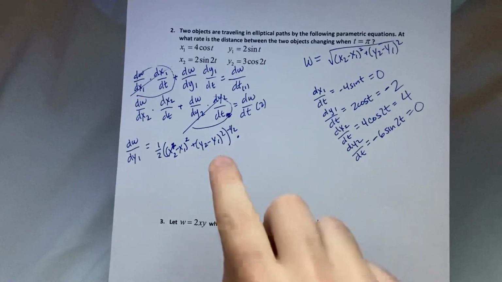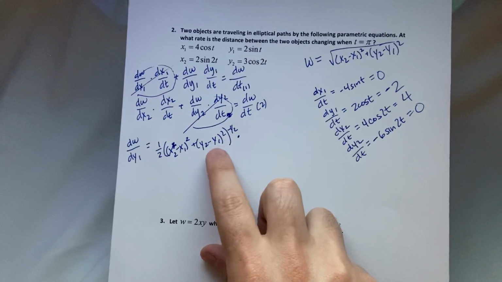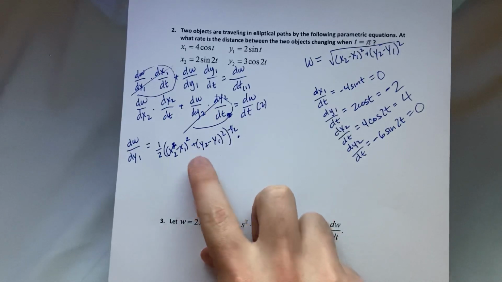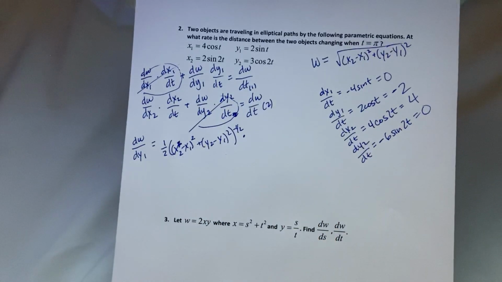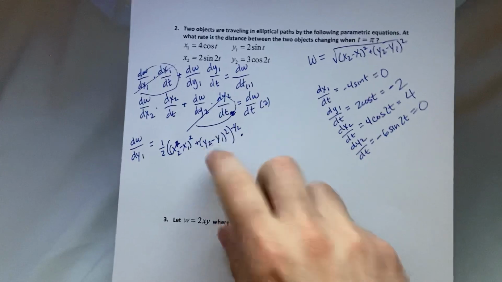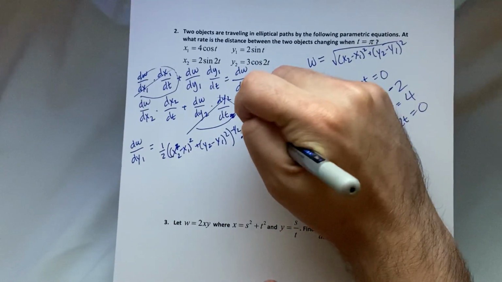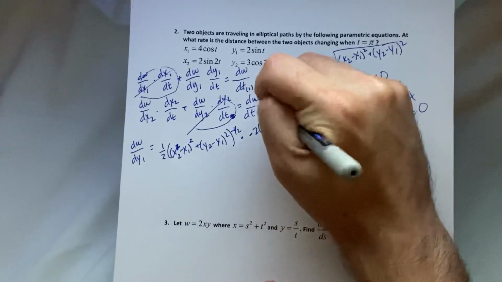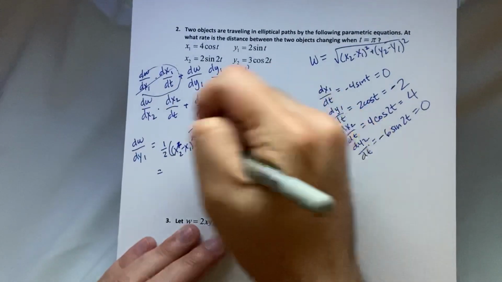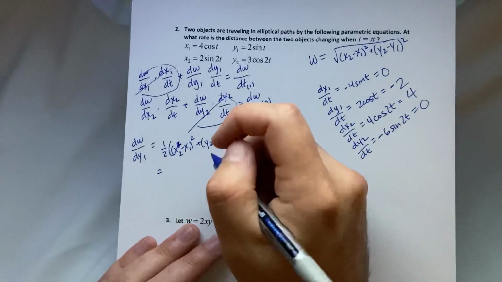The derivative of the inside with respect to y1 should be 2 times (y2 minus y1). Really negative though, because there's a negative in front, so chain rule on the inside, so negative 2 times (y2 minus y1), which in total, the negative 2 and the 1/2 will just become negative.